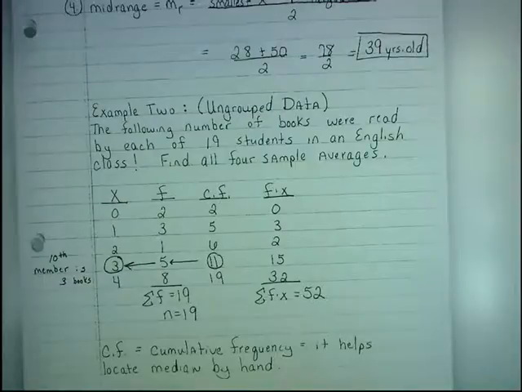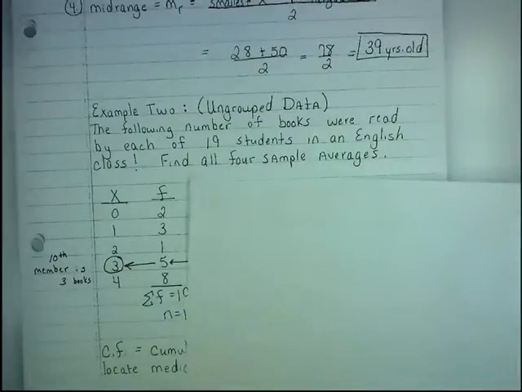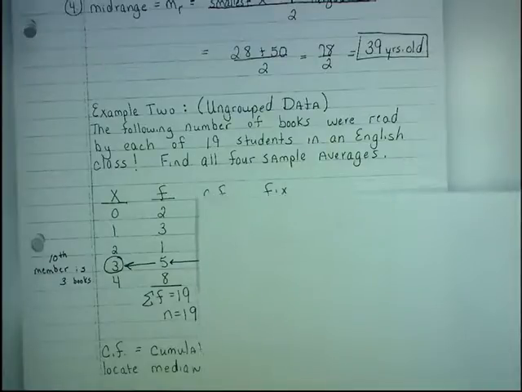I will say that if this problem is given to you on a test, you will be given the descriptive paragraph, and you will also be given the X column and the frequency column. The X column gives us the different types of data values, and the frequency column gives us the number of times in which they occur.